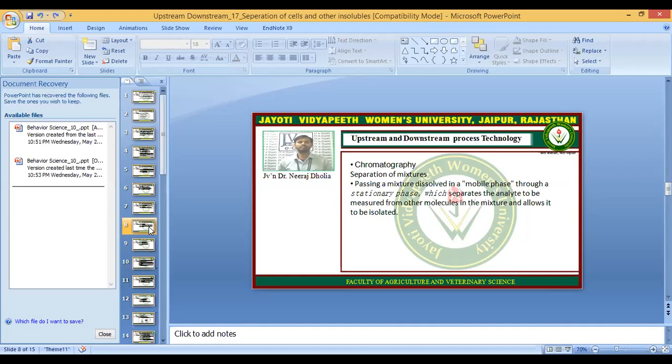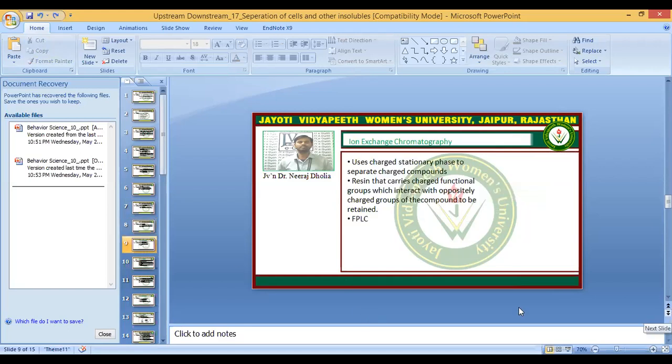While moving over the stationary phase, there is an interaction between the mobile phase and the stationary phase. At this point of interaction, your product is attached to the specific sites and will be isolated further. In ion exchange chromatography, a charged stationary phase is used to separate charged compounds.